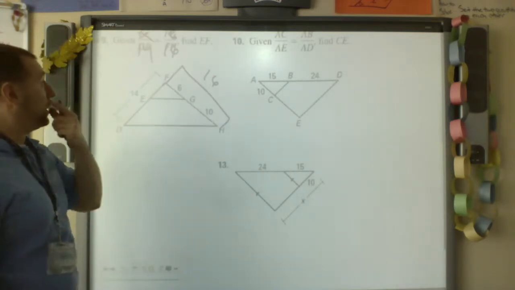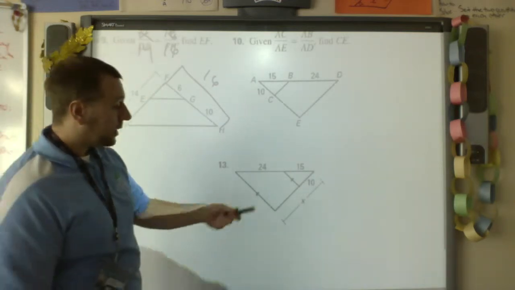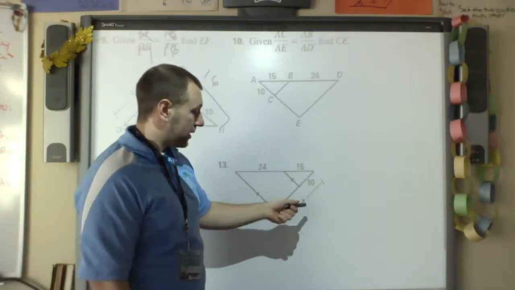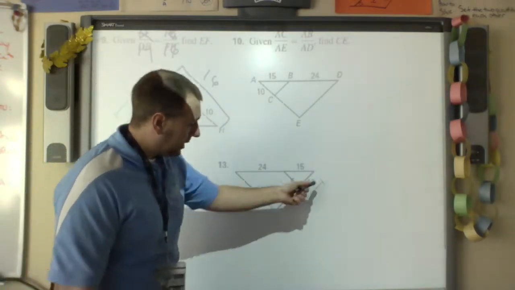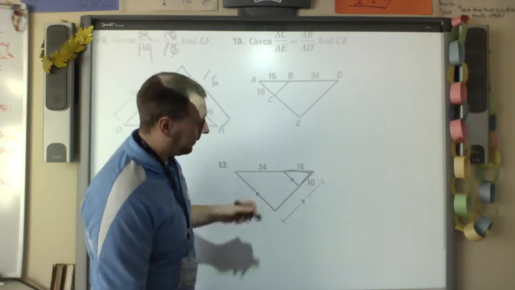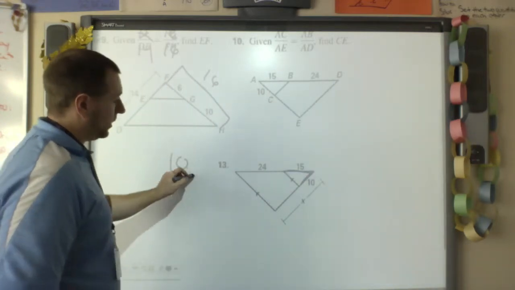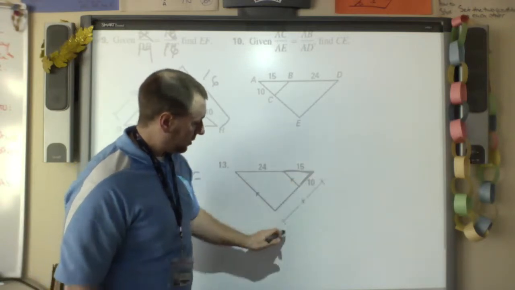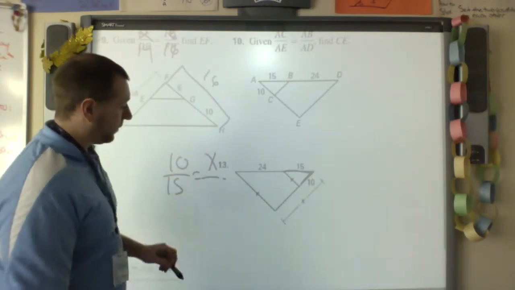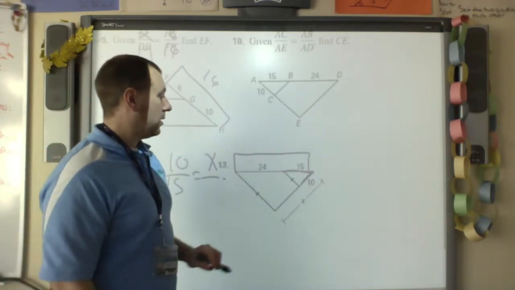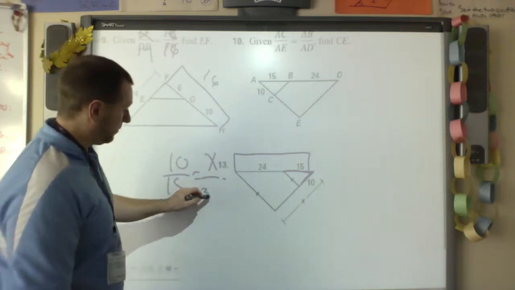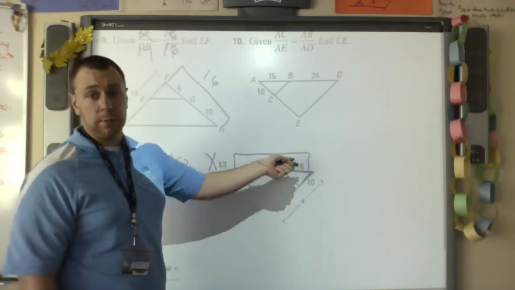I cross multiply and I would solve there. Here, I'm solving for x. So I know 10 and 15 are going to match up. So 10 over 15 equals, well, x over this whole length, which is 39. I would just do 24 plus 15.